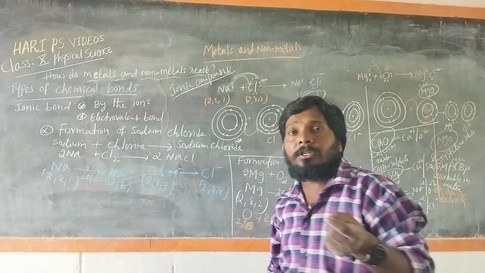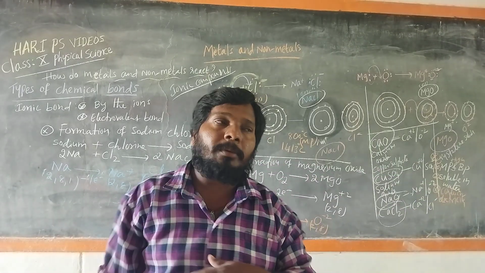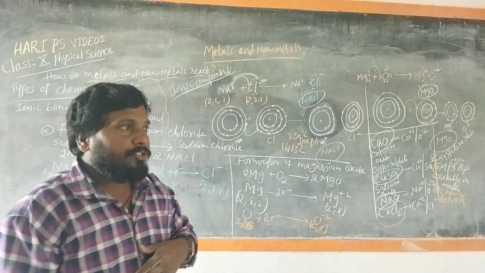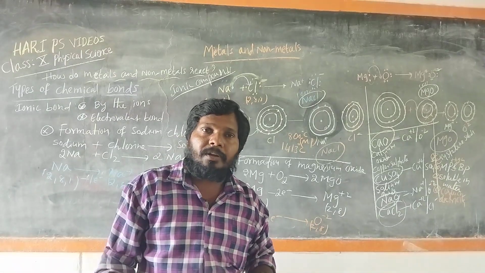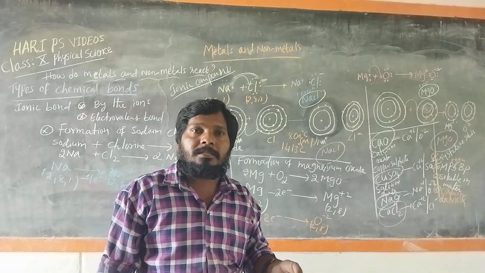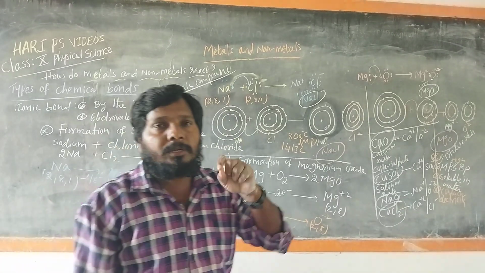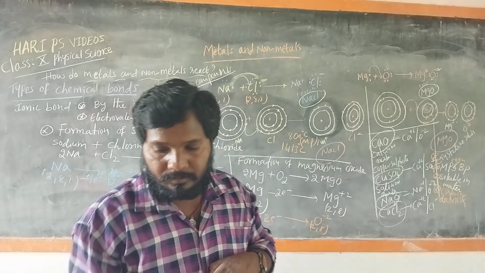Copper sulfate solution is also a good conductor of electricity. In class 8, in the chapter on chemical effects of electric current, you learned we tested different solutions to see whether they allow electricity to pass or not. So ionic compounds are good conductors of electricity.